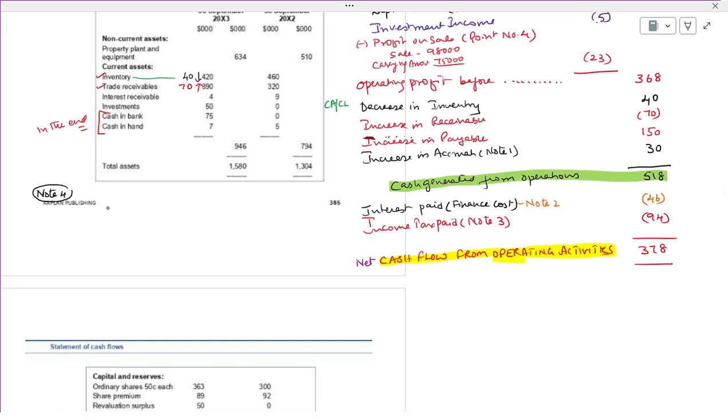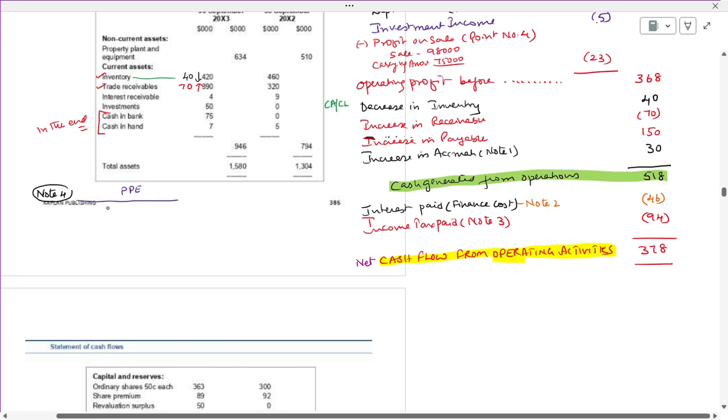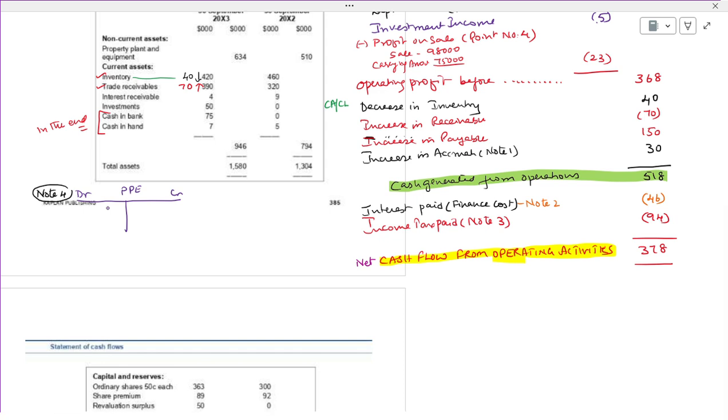Now, property, plant and equipment. Make the same rule, debit and credit. Asset opening balance, debit or credit? Debit. Asset opening balance is always debit.